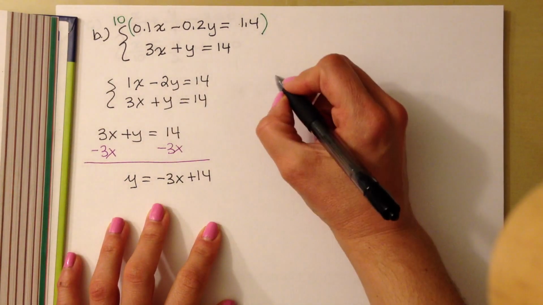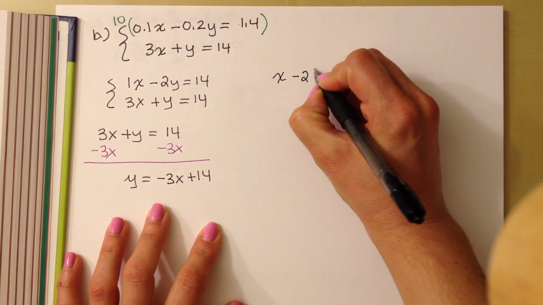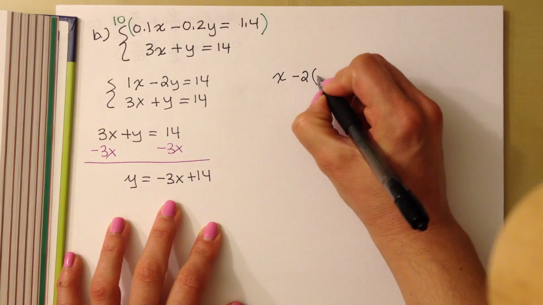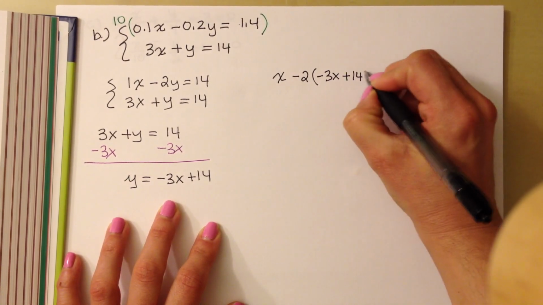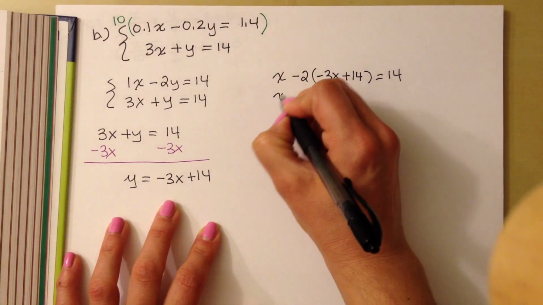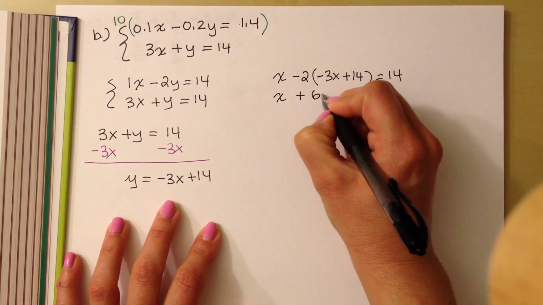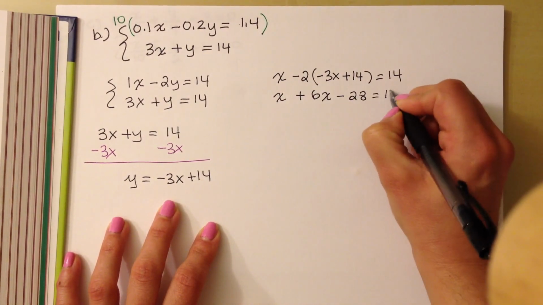So let's start. We have x minus 2. Don't forget, you need parentheses. Negative 3x plus 14 is equal to 14. Distribute. X plus 6x minus 28 is equal to 14.